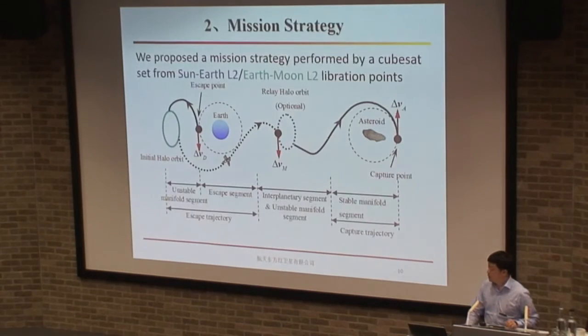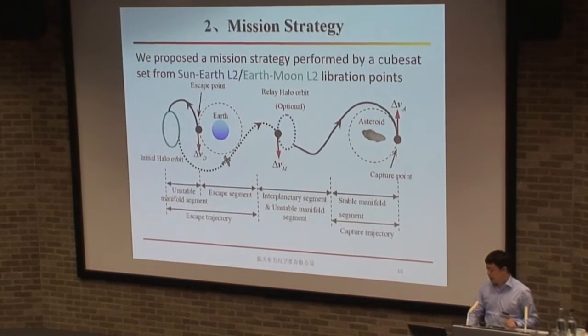We propose a mission strategy formed by a cubesat site from Sun Earth L2 or Earth Moon L2 libration points. There are three phases. Now, the first phase to the Earth Moon L2, and then we can go to the Sun Earth L2, and then we fly to the asteroid.